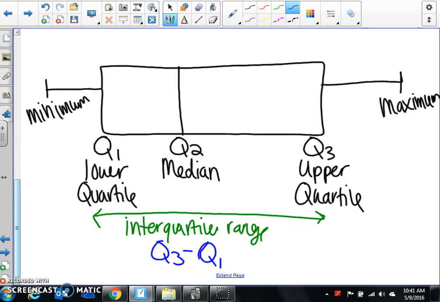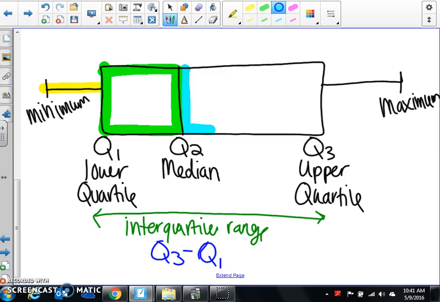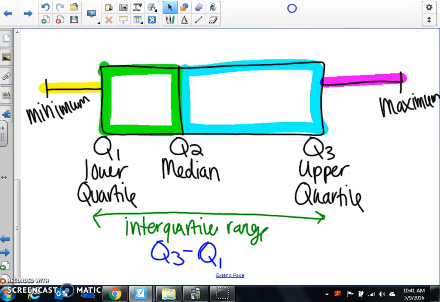Okay, the big deal here is this is broken up into 4 parts. This is one part. This is another part. Here's a third part. And here's a fourth part. Each part is worth 25% of the data.